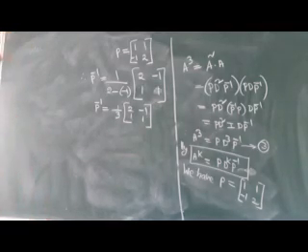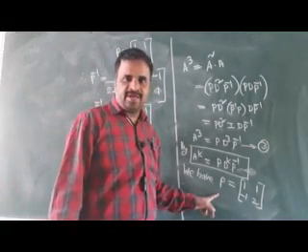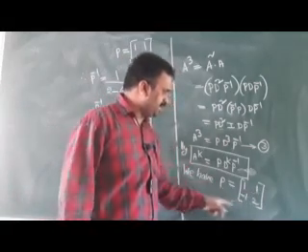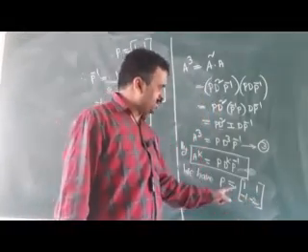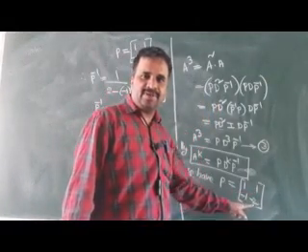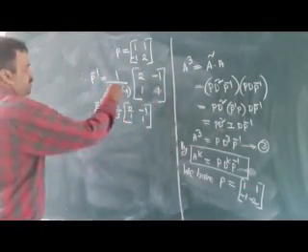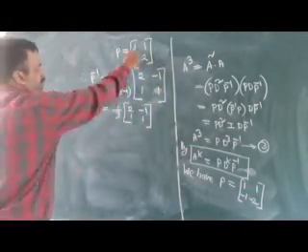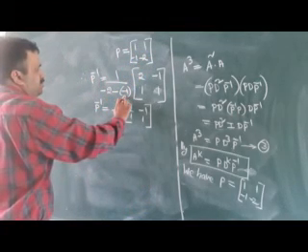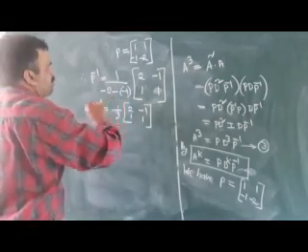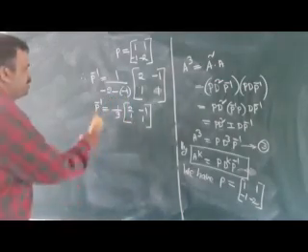Actually, small changes here: P is [1 1; -1 -2]. Change it in the question also. P equal to [1 1; -1 -2]. I'll do it once again to make it clearer.